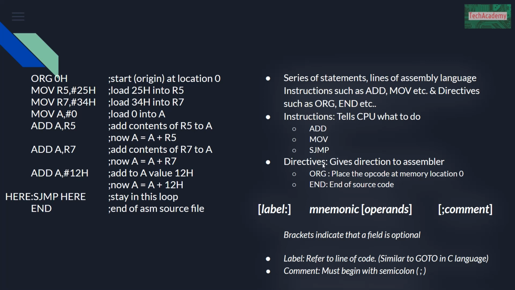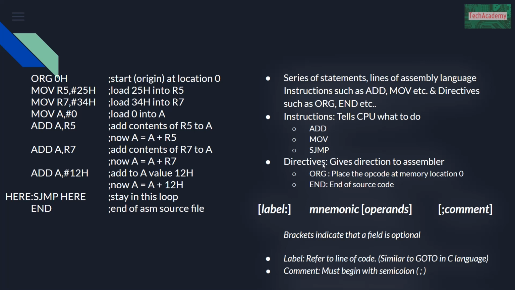Let's say you have written hash define pi 3.14, right? What does this preprocessing do? It replaces the pi value wherever it occurs in the program. Wherever pi is used, it replaces it with 3.14.